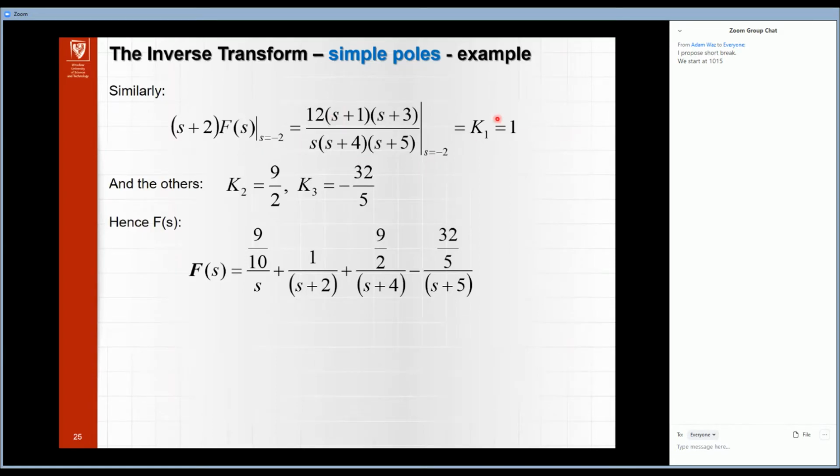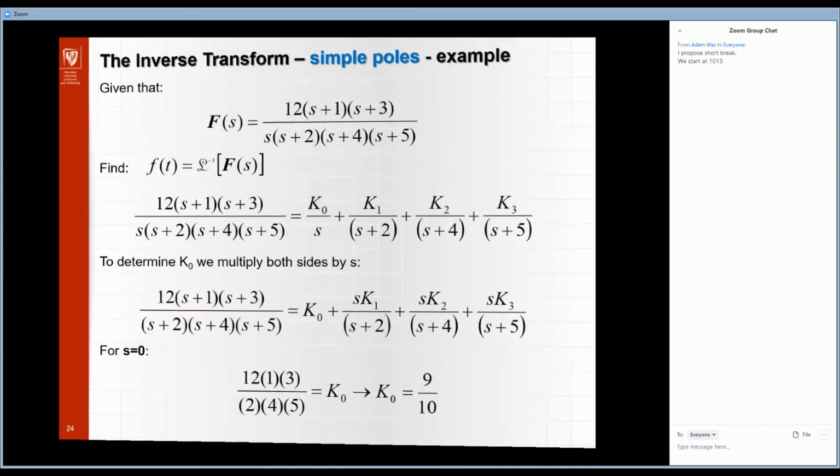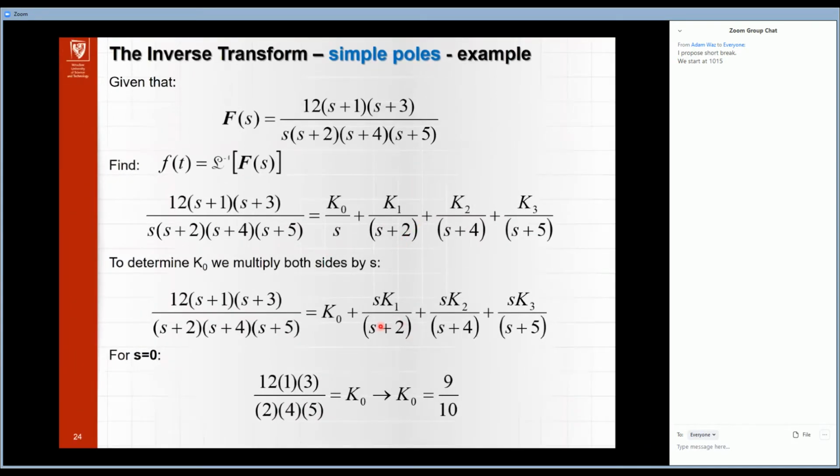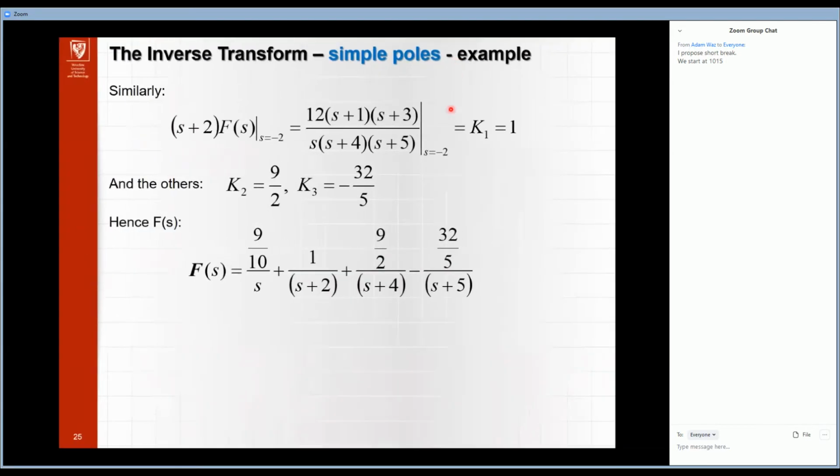Now we want to calculate K1. For K1, we have to multiply both sides by this factor. Okay, and after this, when we multiply by this factor, we put -2, because for -2 it is equal to 0.